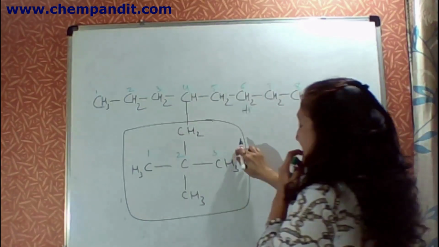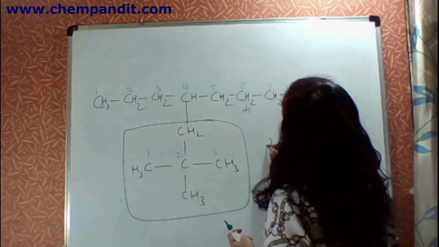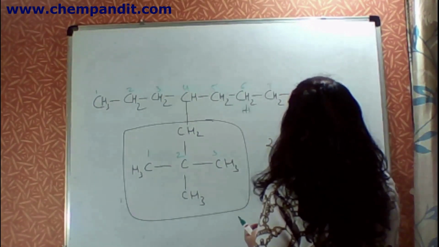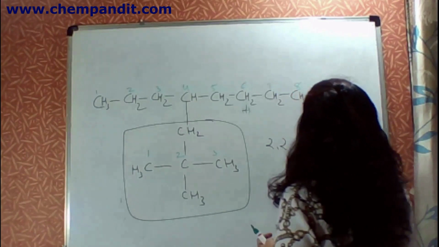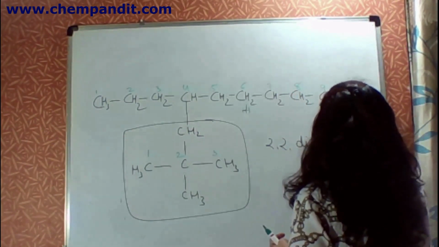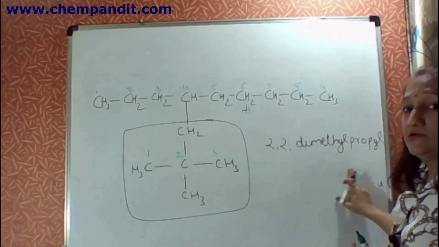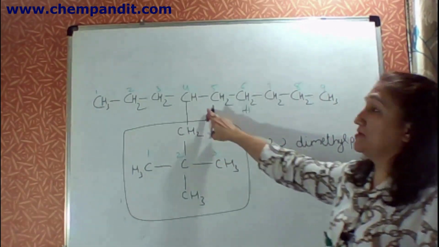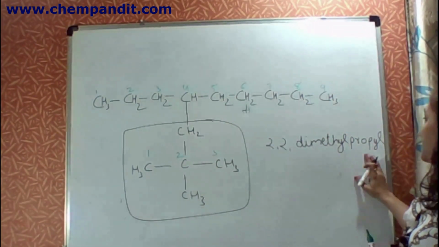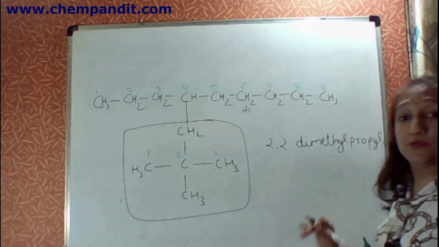So we can write the name of this branch substituent as 2,2-dimethyl and propyl. Propyl or propane? It has to be propyl because it is an alkyl group, remember, attached to a main carbon chain. We cannot write 2,2-dimethyl propane. Instead, we will write 2,2-dimethyl propyl.